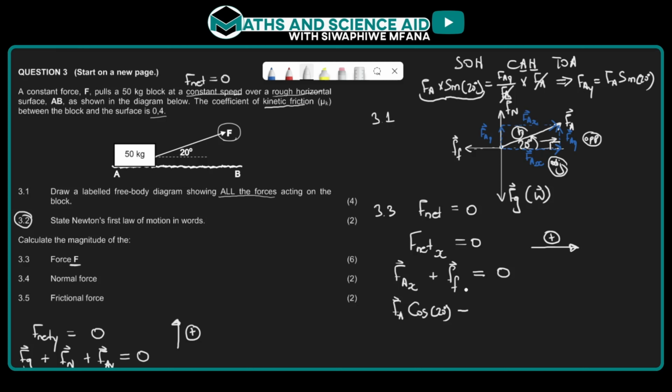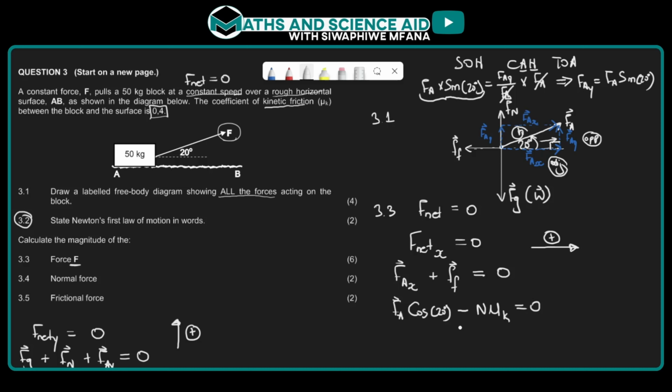And we know that the friction, which will be kinetic friction in this case, since our block is moving, is going to be the normal force multiplied by the coefficient of the kinetic friction. Which is why they have given us the coefficient of the kinetic friction in the statement, and it is 0,4. So both of these should be equal to 0.